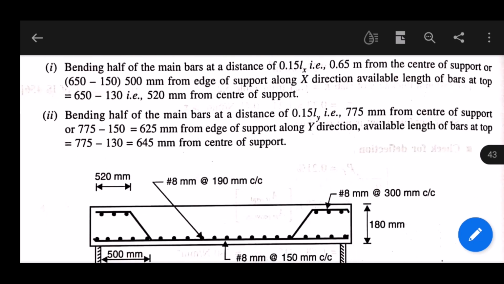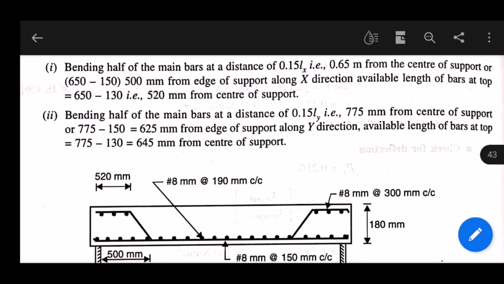Now the next part is bending half the main bars at a distance 0.15 Ly, that is 775 mm from center of support, or 775 minus 150, that is 625 mm from edge of support along y direction. Available length of bars at top is 775 minus 130, that is equal to 645 mm from center of support.